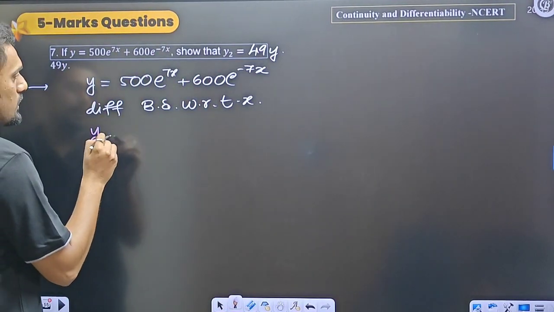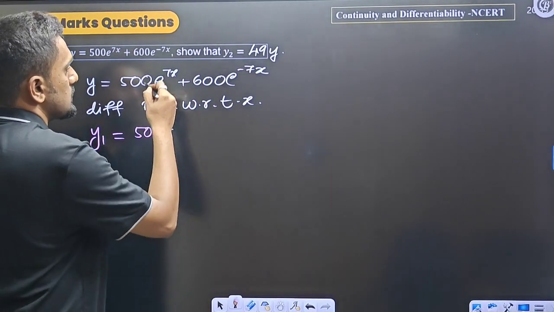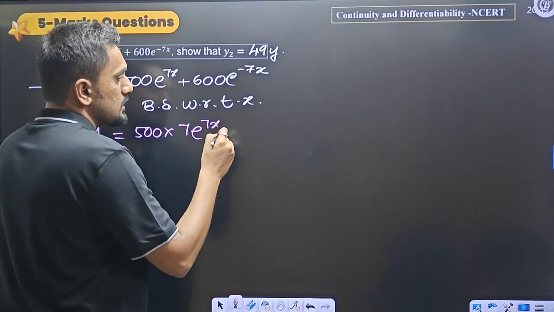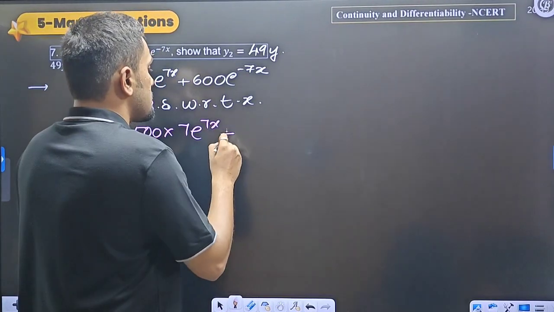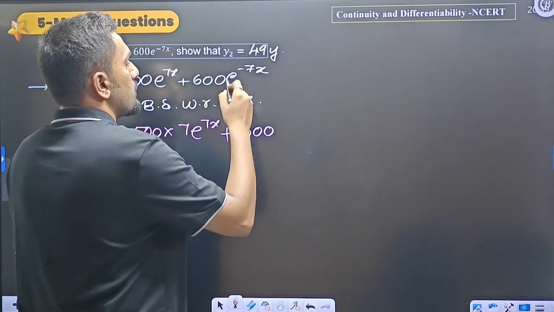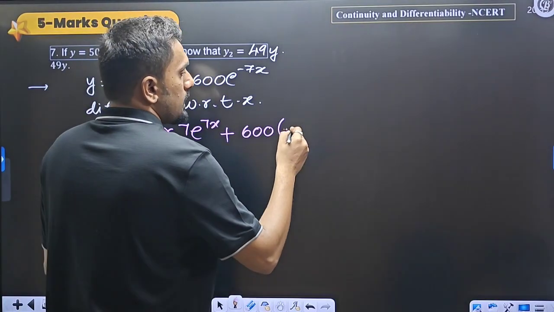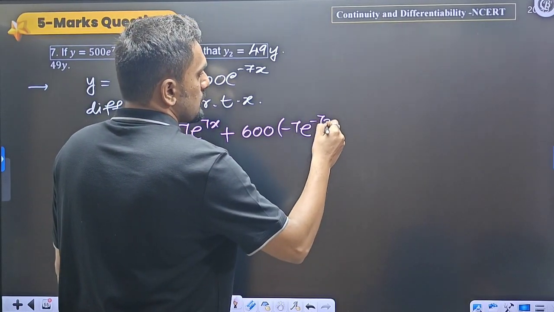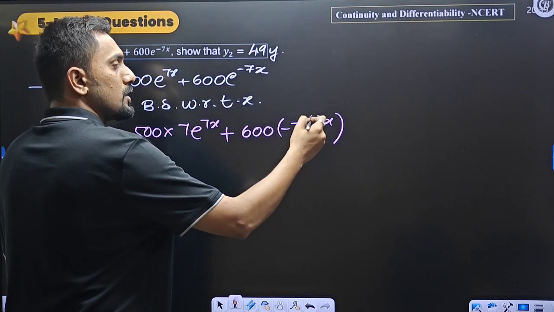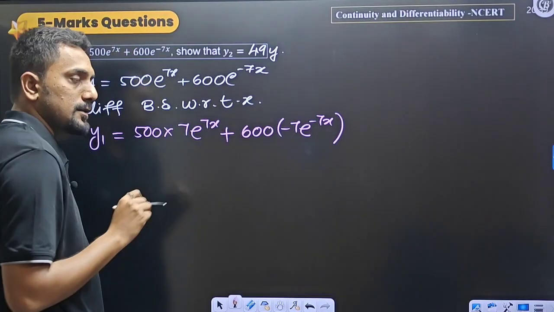y1 is equal to 500 multiplied by, what is the derivative of e raised to the power 7x? 7 e raised to the power 7x. Okay, then plus 600 multiplied by the derivative of e raised to the power minus 7x, which is minus 7 e raised to the power minus 7x. Why this way? Because the derivative of minus 7x is minus 7.